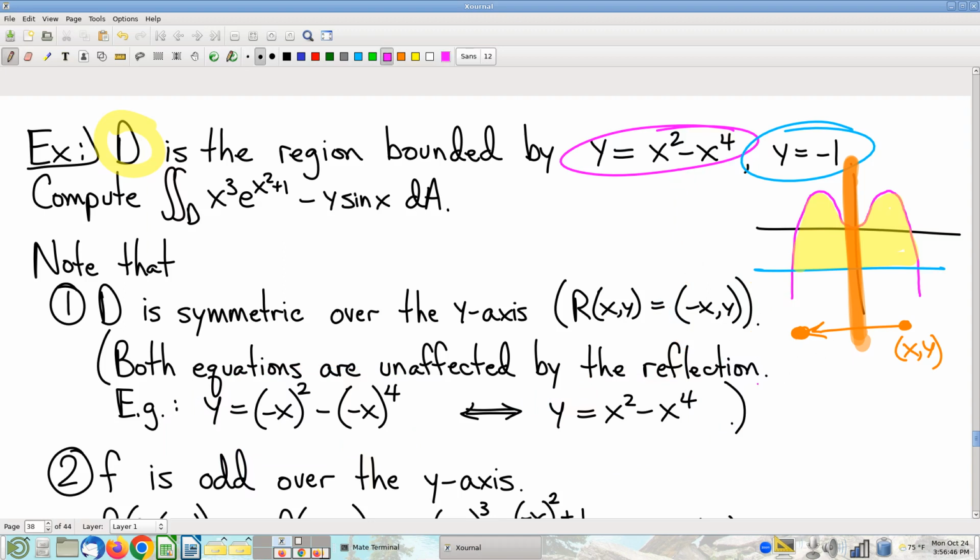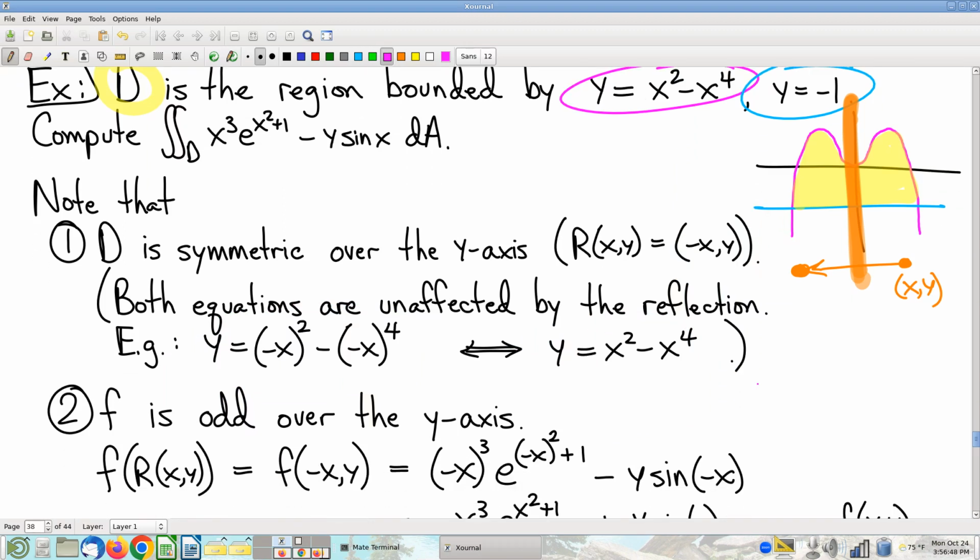Okay. Let's talk now about the integrand itself. Our integrand is this function I'm going to write down here. f of x comma y is all of this. There's our integrand. So it's going to turn out that this is an odd function. Specifically, it is odd over this line, odd by this reflection, however you want to say it.